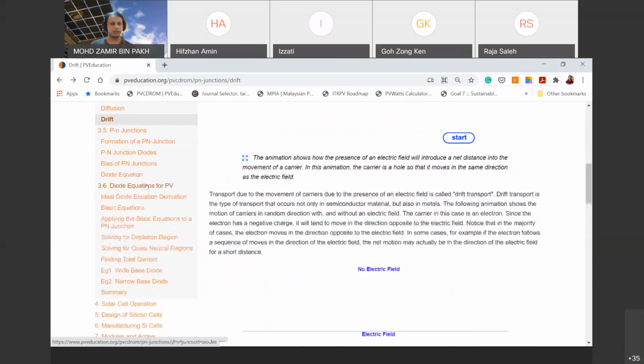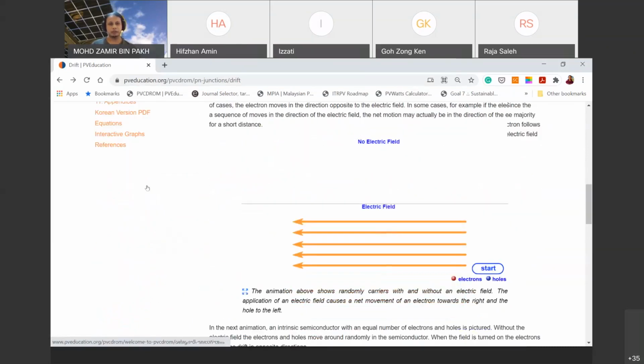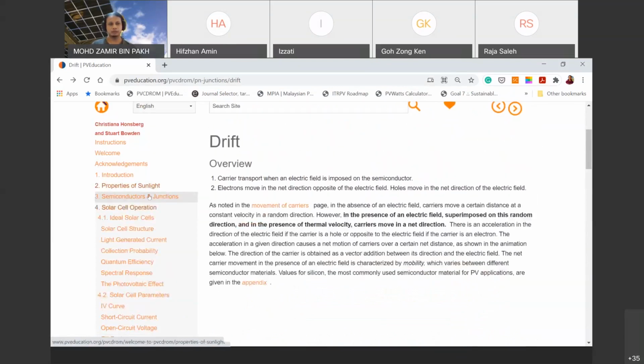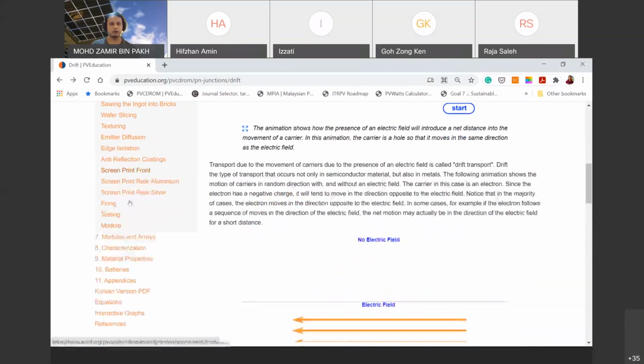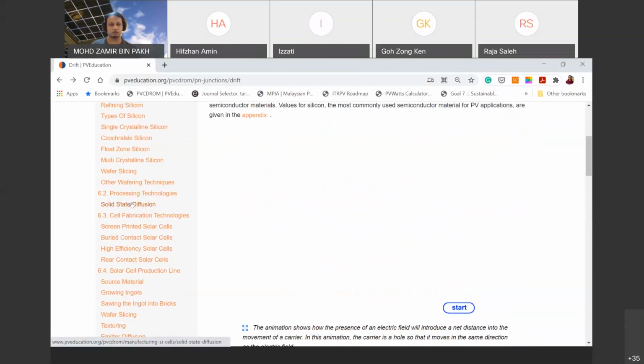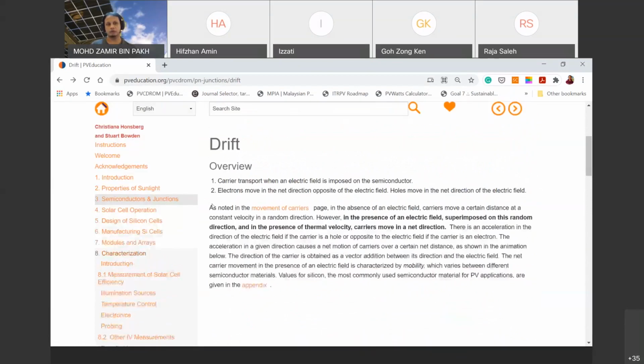PN junction, diode properties, up to operation of solar cell. So, solar cell, and how we manufacture solar cells in the industry, and then the characterizations involved. So for those of you who are working on solar cell related projects for your FYP, for example, this is a very good reference website for you to look at.